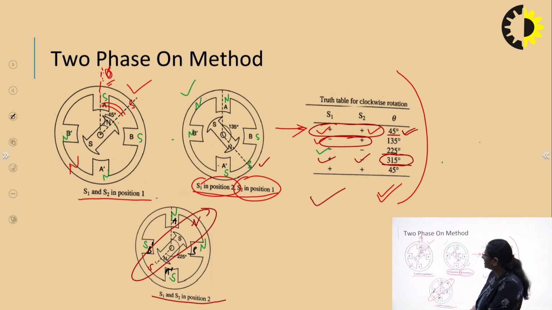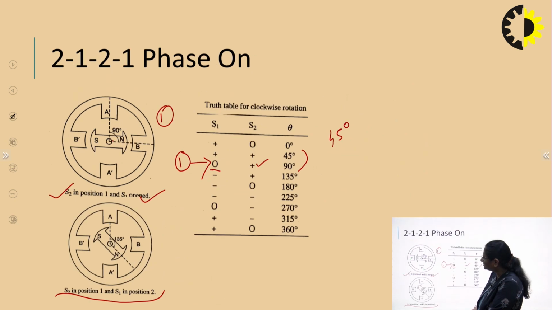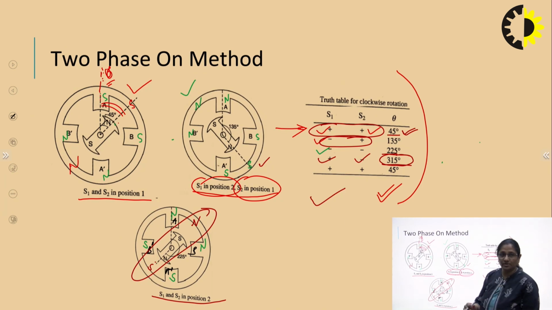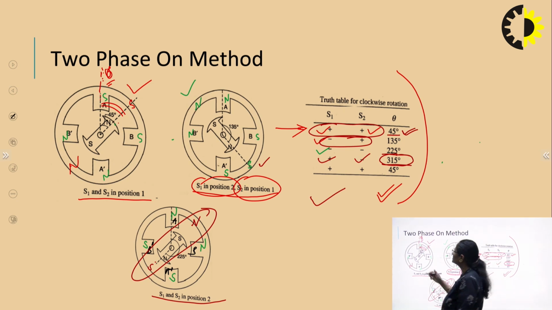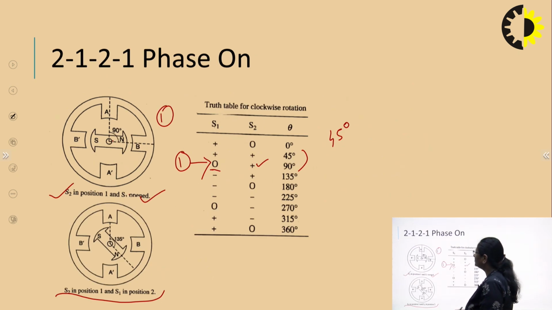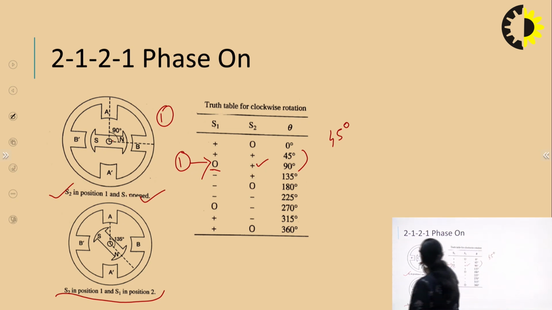I would like to make a small correction over here. The correction is about the nomenclature we were following. We were following that when current in a phase is positive, the dash terminal will have the N pole, right? So when the current in a phase is positive, the dash terminal will have the formation of the N pole.